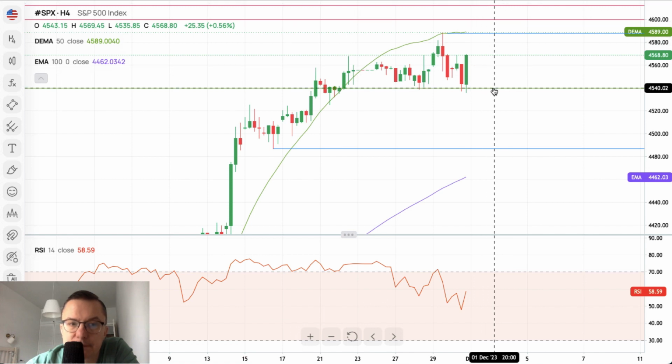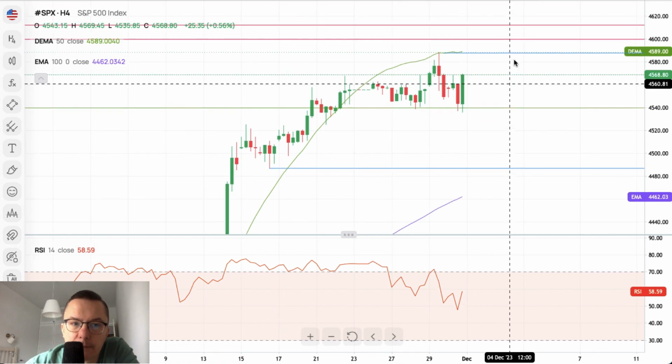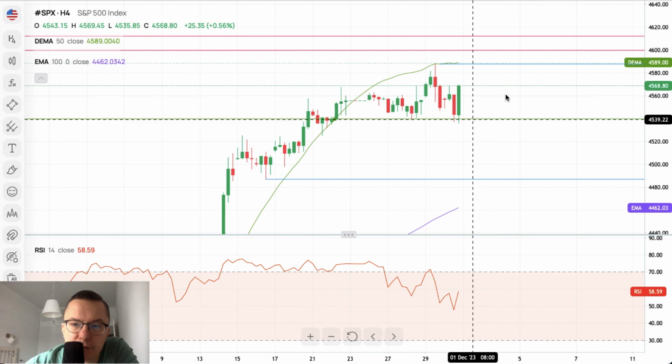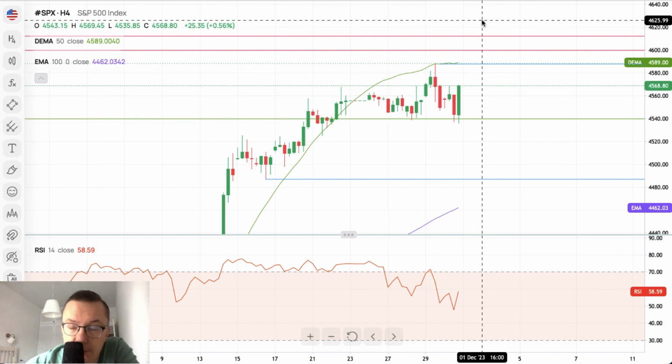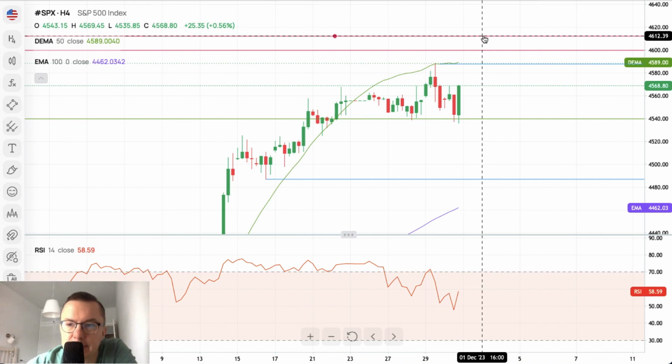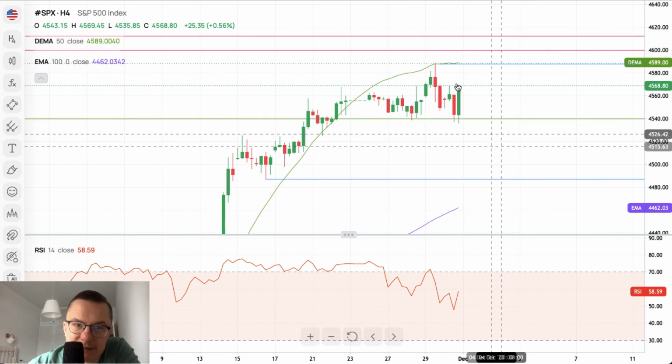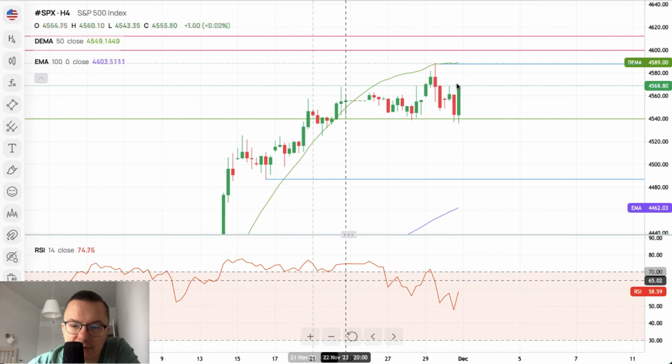So it's very important for the bulls to break above this level, of course, and then stay above it, because the pressure from the bears will be big when we see any prices above this level, 4,612.